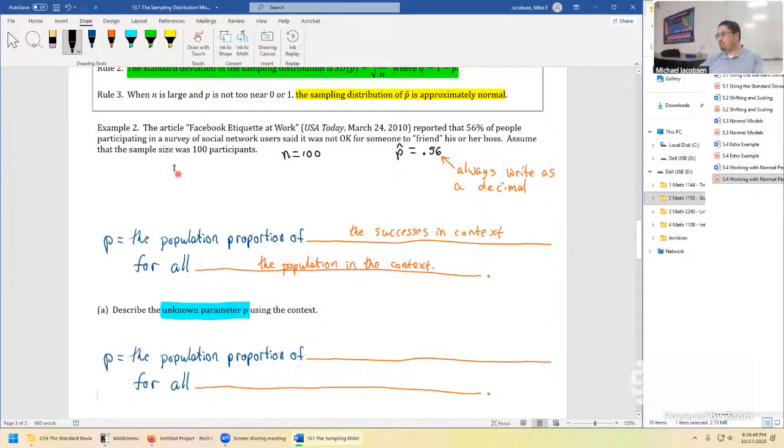So looking into the context once again, the article reported 56% of people participating in a survey of social network users said it was not okay to friend his or her boss. This right here is the success, because that is the thing that we want to study.